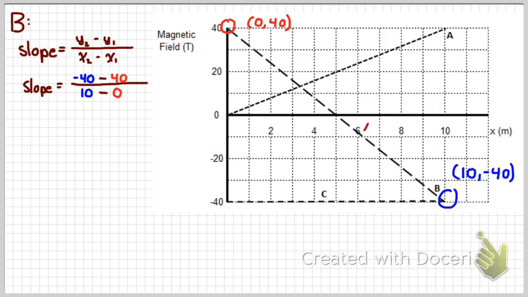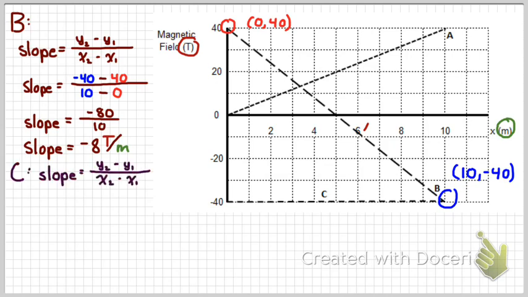Now all I have to do is do the arithmetic. Now be careful, negative 40 minus 40 is not 0, it's negative 80. 10 minus 0 is 10, and so negative 80 over 10 would be negative 8. And don't forget the unit, Tesla over meter.